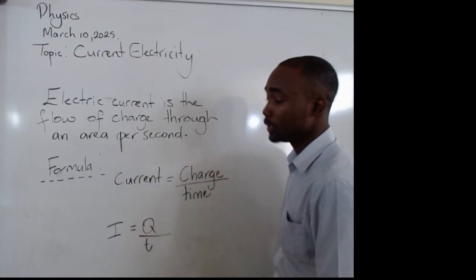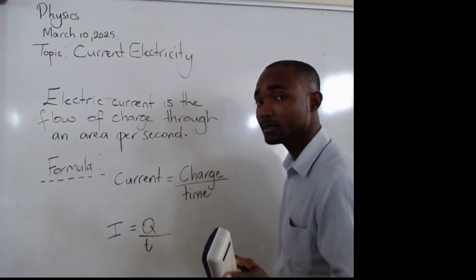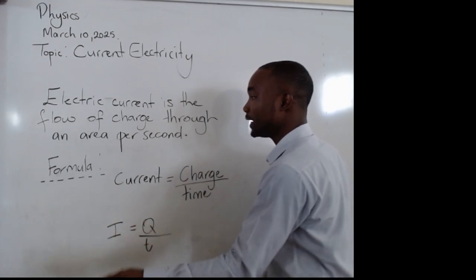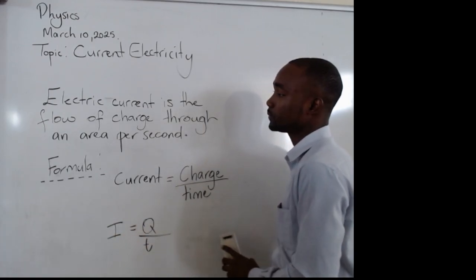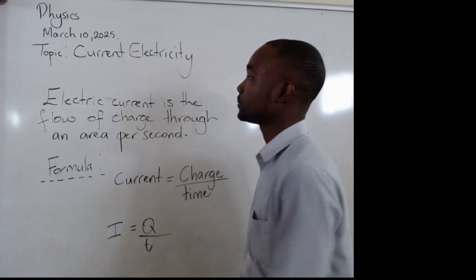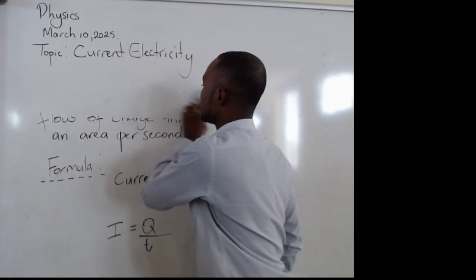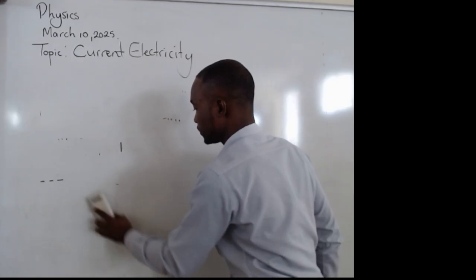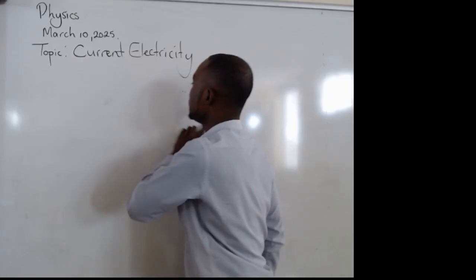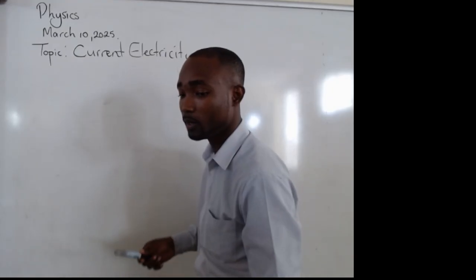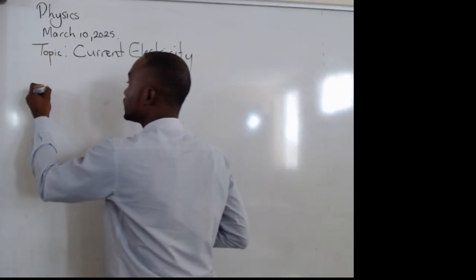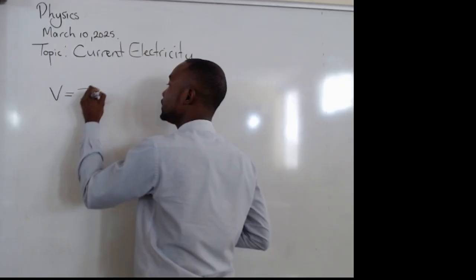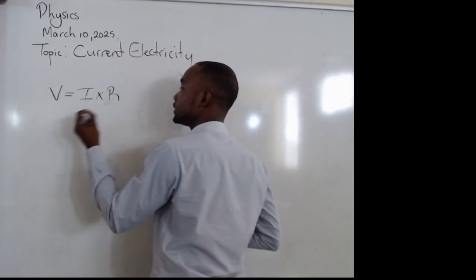So, we have another formula that we'll be using more than this one. So let me now write that. Also, and you'll see why we're using this. We're going to use this formula more often. So we start with this general formula. Voltage equal to current times resistance.